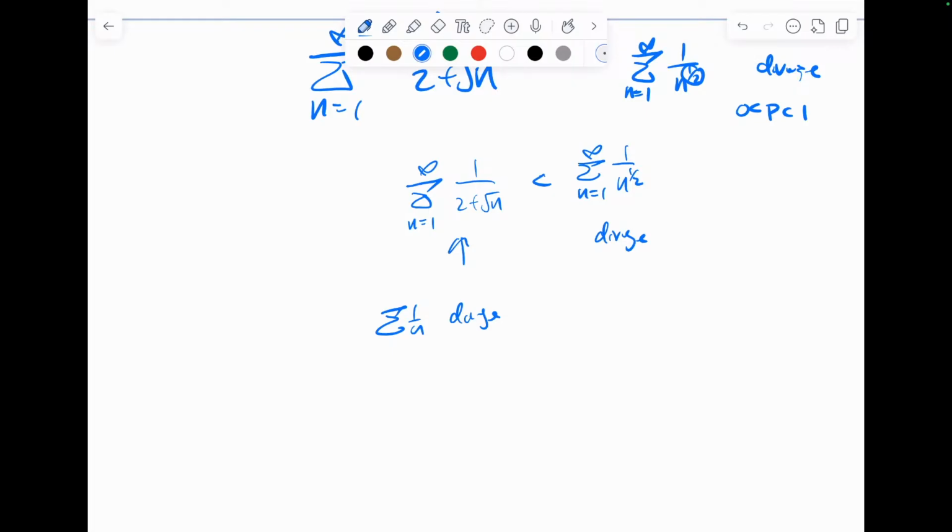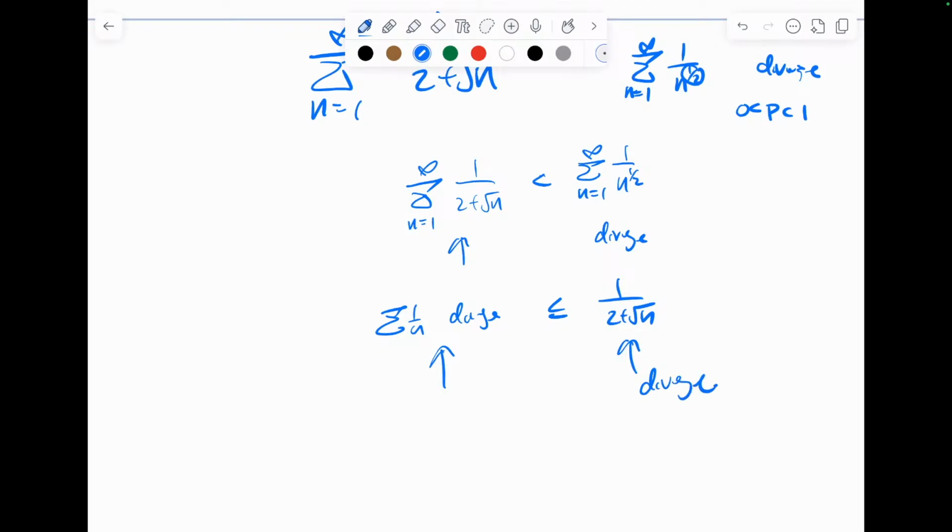They are smaller, because 1 over 2 plus square root n is less than 1 over n. Is that okay? Now, if this diverges, therefore this one has to diverge as well.